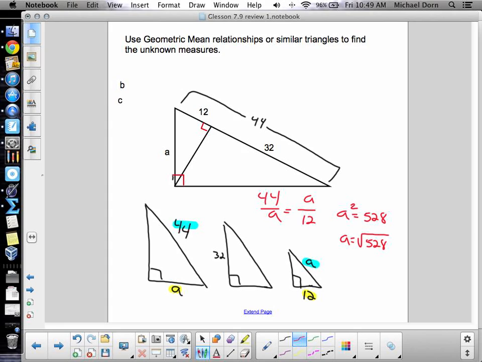And try again. Put the right numbers in. There we go. 33 times. So that's 4 root 33.